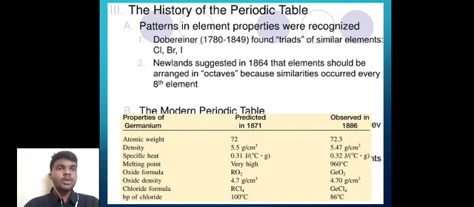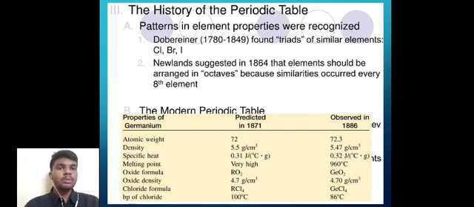The history of the periodic table. Patterns in element properties were recognized. Döbereiner, 1782-1849, found traits of similar elements: chlorine, bromine, iodine. Newlands suggested in 1864 that elements should be arranged in octaves because similarities occurred every eighth element.